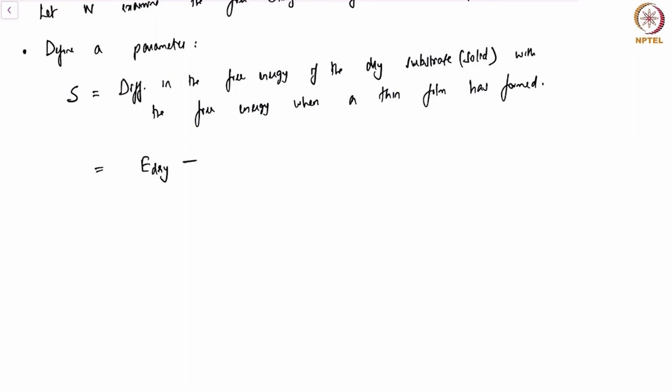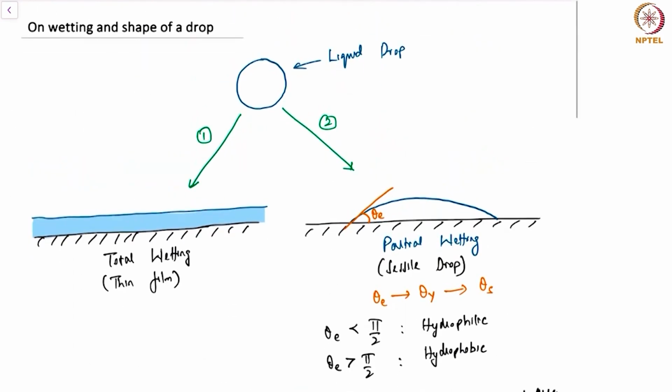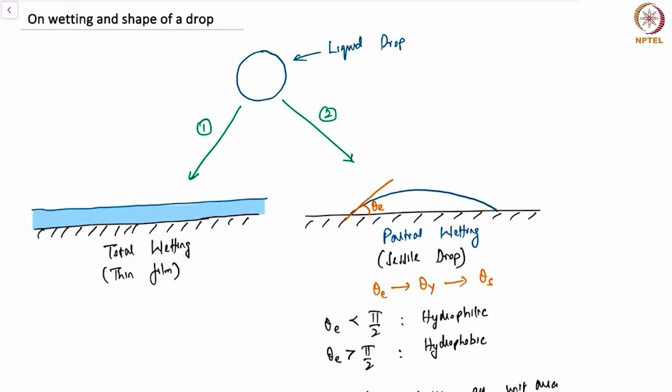Now we'll ask, what is the difference after the film has formed? After the film has formed, now we have two surfaces that we have formed. We have the solid liquid interface. This is the solid liquid interface, or solid liquid surface I'll call it, and this is the liquid gas surface, right?